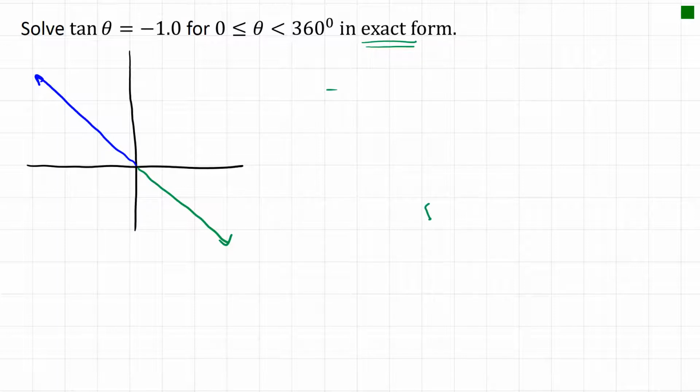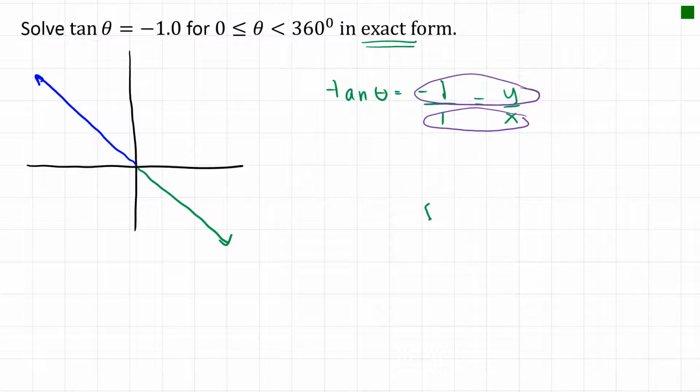And the tan of theta equals -1. I'm going to write that as a ratio, which is -1 over 1. And we know that the definition is y over x. So that helps us figure out that the x value is 1 and the y value is -1.